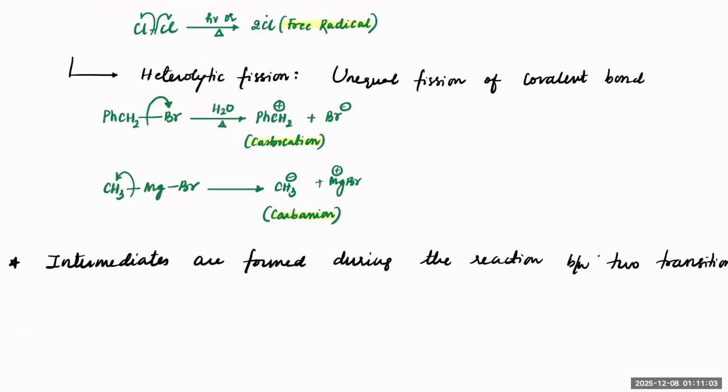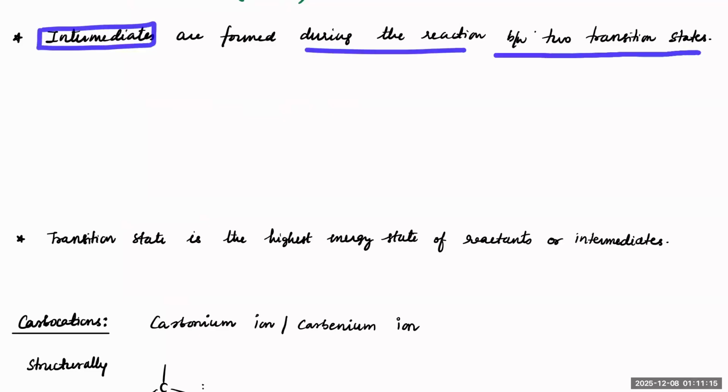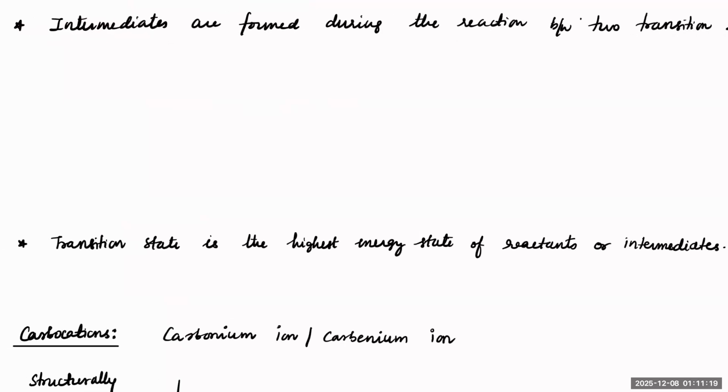Got it? In general, how do we define an intermediate? Intermediates are those species which are formed during the reaction between the two transition states. Let me explain more in terms of how the molecular bond breaking takes place.